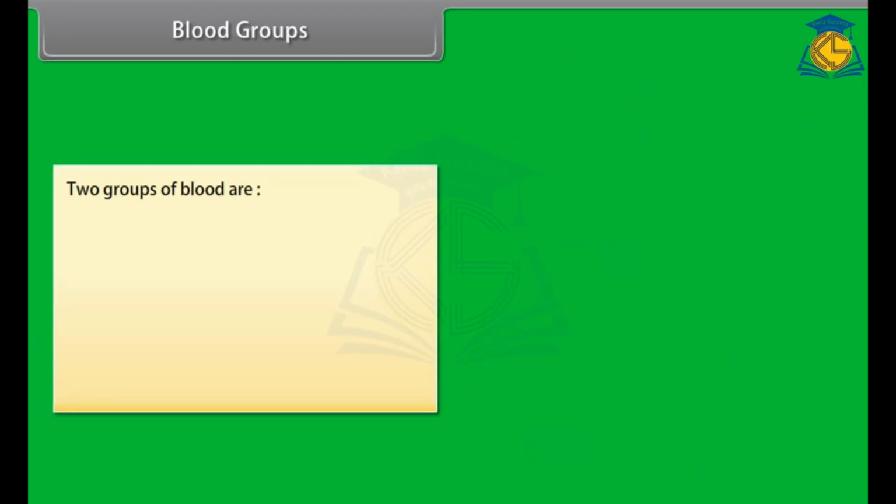Blood groups. There are two groups of blood. They are ABO and RH. ABO grouping.